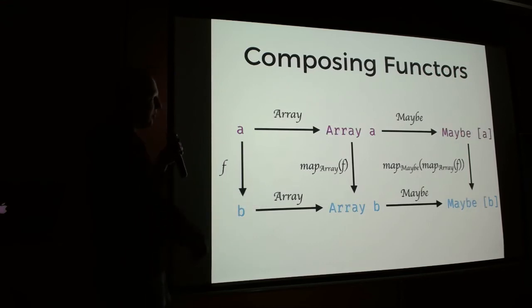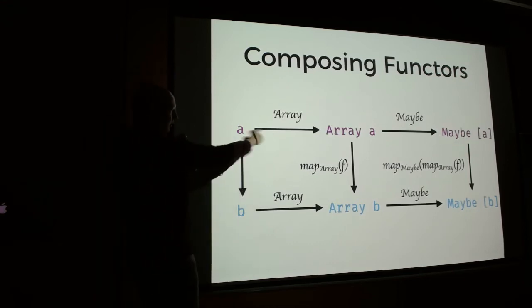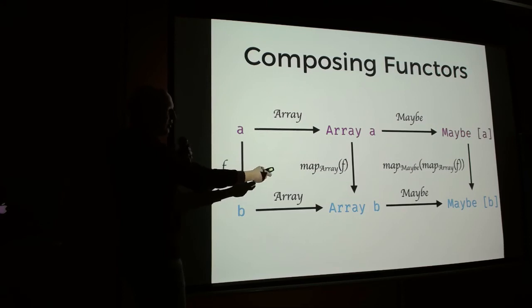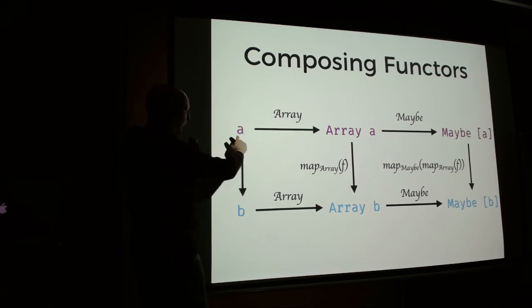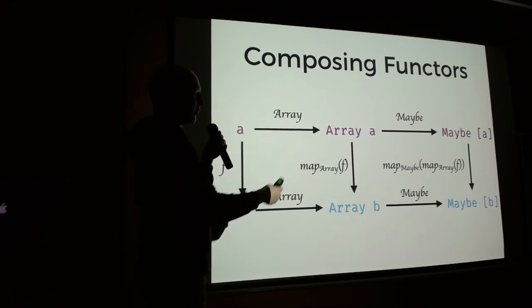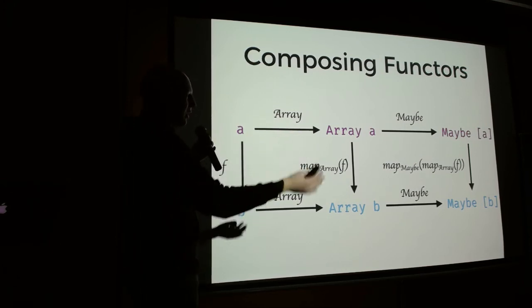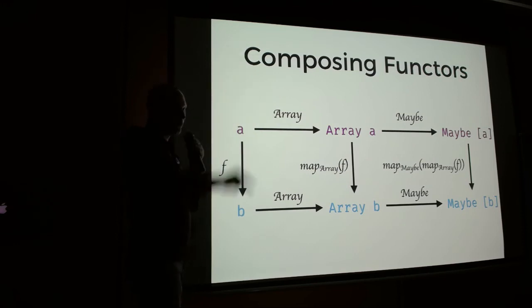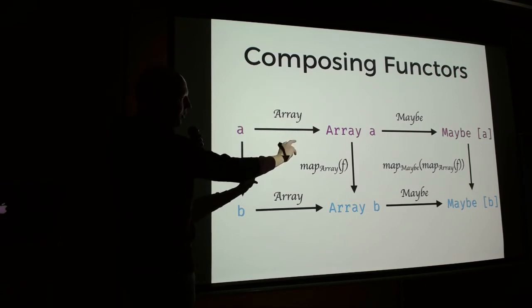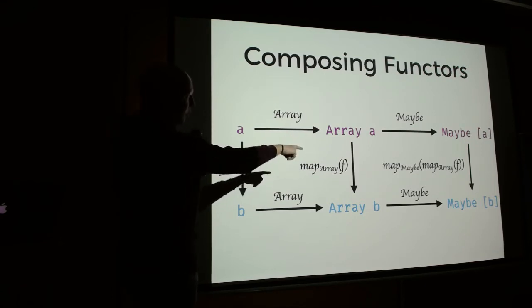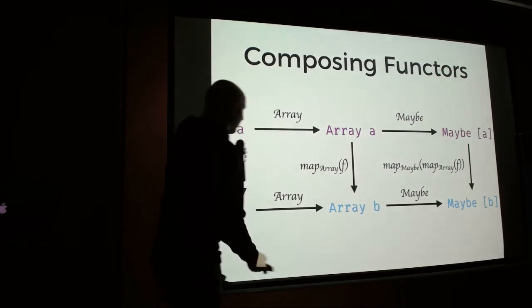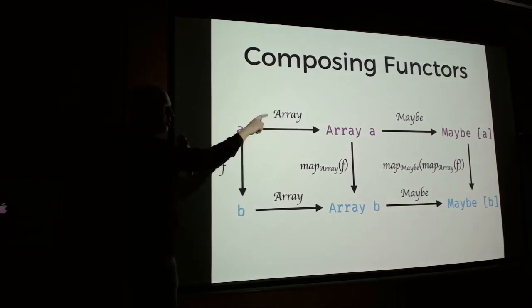What if we reverse the order? It's just the same, but in a different order. First we have arrays of A, and then we have optional arrays of A, right? So we can have either an array of, let's say, int, or we have null. And by rearranging the map functions here, in this composition here, we just get the function that works in those types automatically.